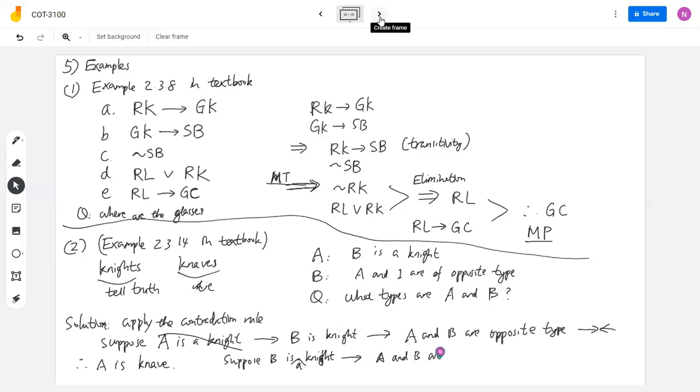Because B is a knight, that means A is a knave. What A said must be a lie, but A said B is a knight, so that means B is a knave. And we reach a contradiction again. That means our assumption that B is a knight is wrong, and therefore our conclusion is B is a knave.